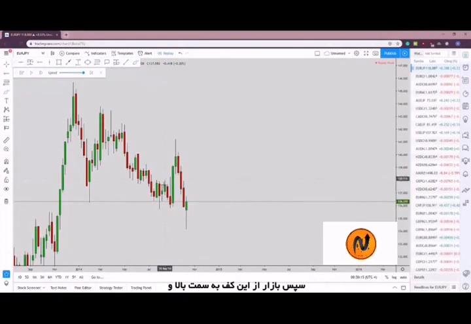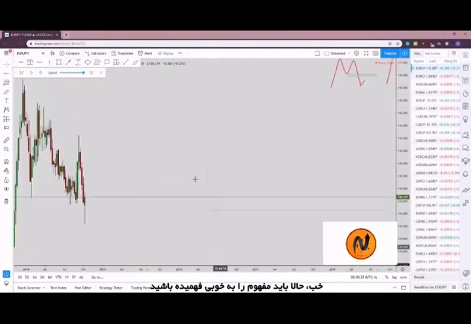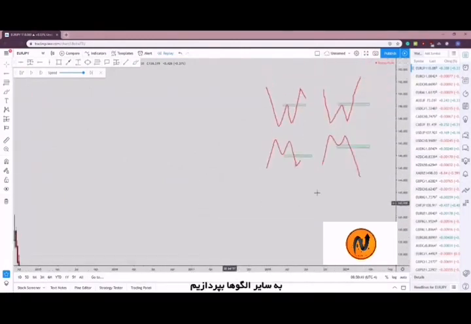Then from this low the market went up, down, and it failed to break this low, because as you can see this candle went all the way down here, but then it closed back above this low here, so confirming that this is a double bottom. And at this point the market failed to break the low. We're expecting continuation to the upside. So the concept now should be quite clear. Let's continue with our patterns.